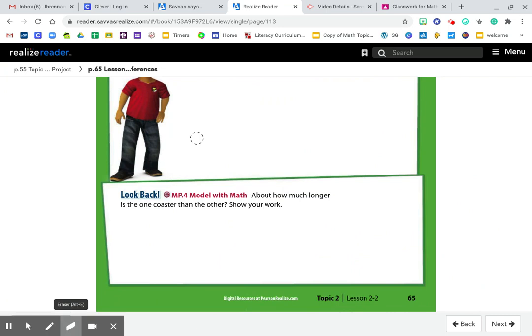About how much longer is one roller coaster than the other? In this case, instead of addition, we're doing subtraction. So we have 628 minus 485. We're doing some subtraction here, and it says about.